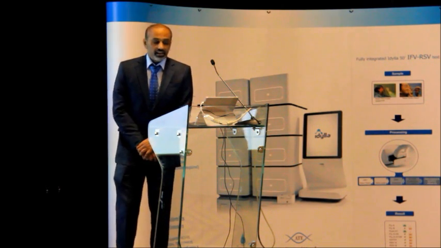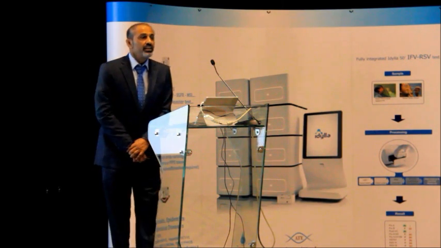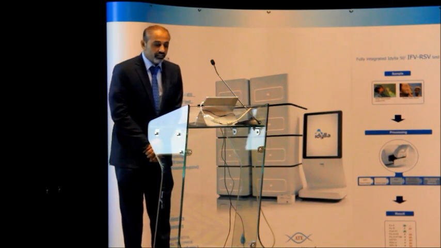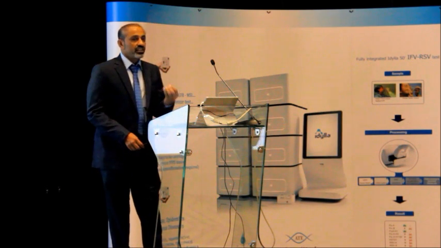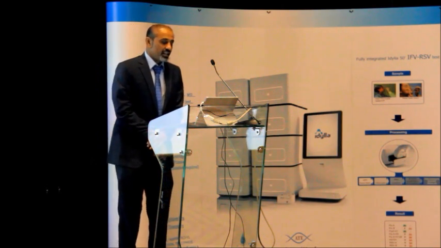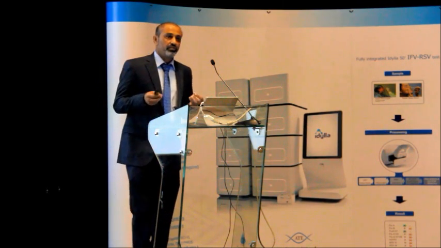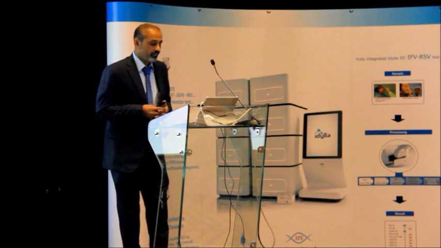Then Ernest Goodpasture realized that this agent only survives and multiplies in living cells. For that reason, he grew influenza on fertilized chicken eggs. So at that time, they realized that this new infecting agent only grows in living cells.